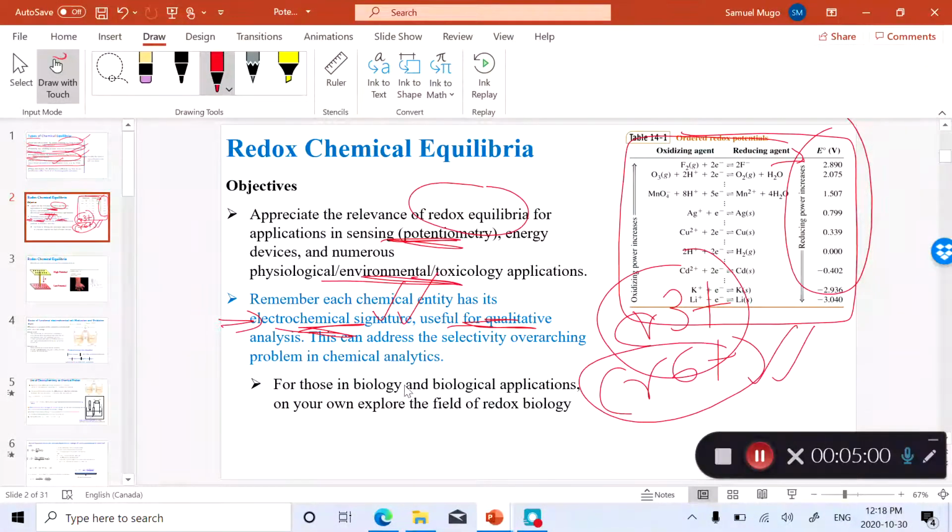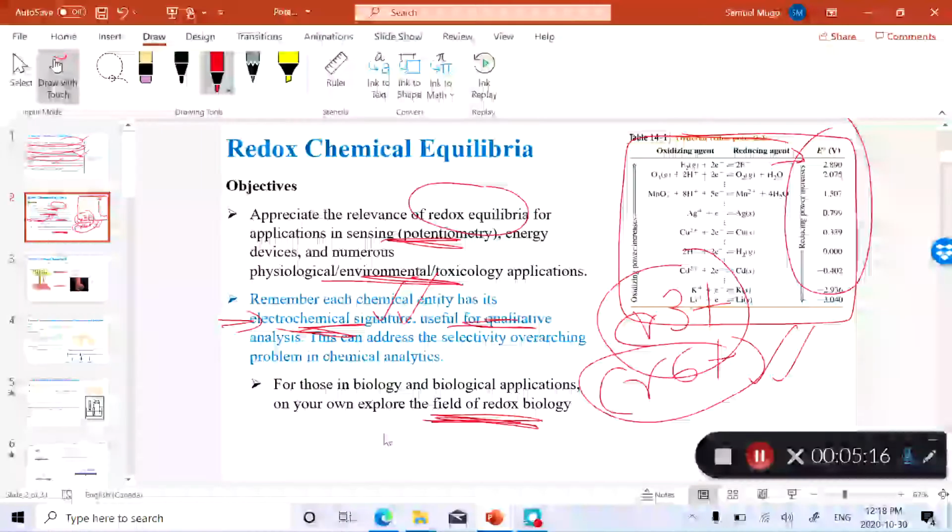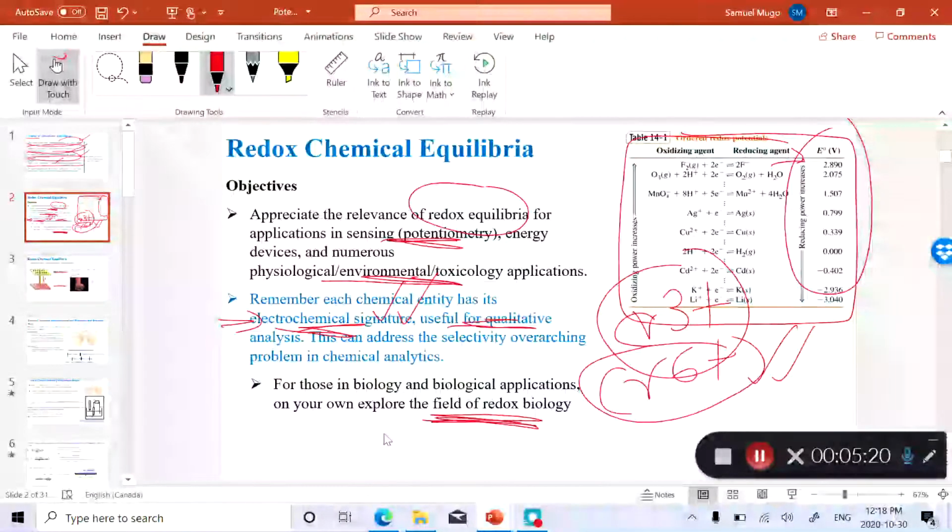So for those of you in biology or interested in biological applications, I implore you possibly to consider and read on your own redox biology, which is another vast field where electrochemistry or redox equilibria is very, very relevant.